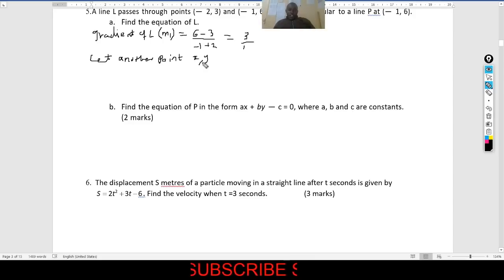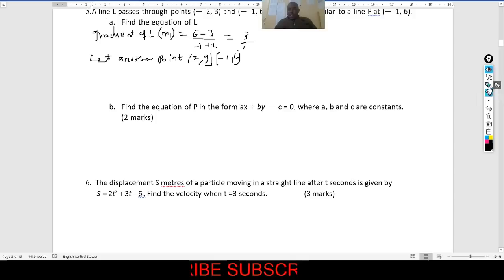If I use this point xy and then a point, even this one or this one, I can use any, because the answer will be the same. So I use that and this other point -1 and 6, with the gradient, because the gradient on the line is the same.